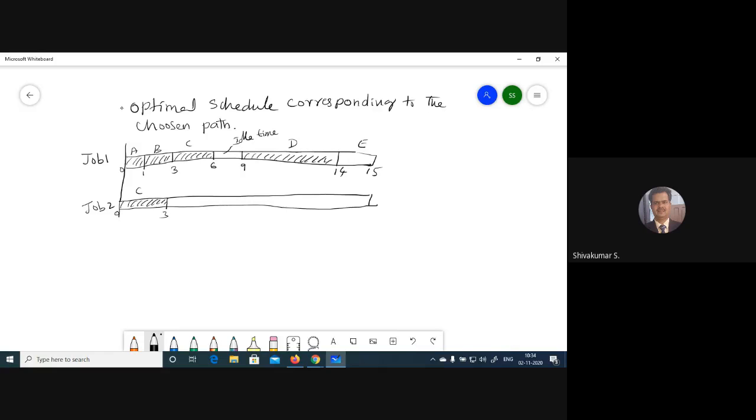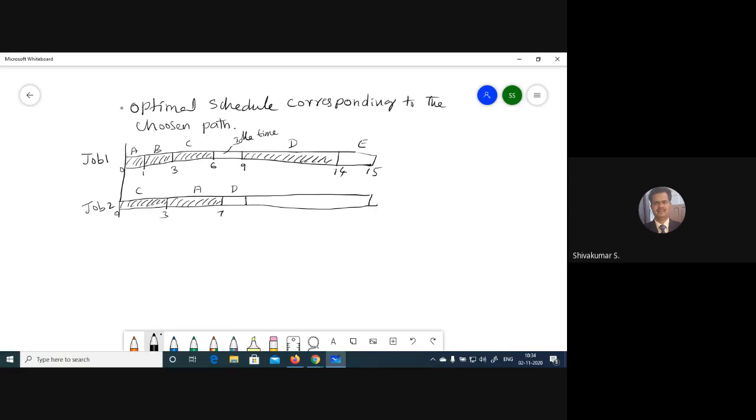Next A, it is 4, so 7. So here A, 7. Next D, how much? It's 2, means 7 to 9.